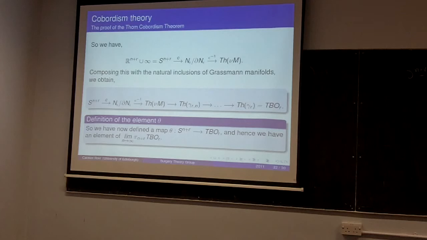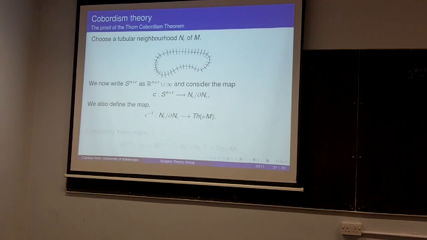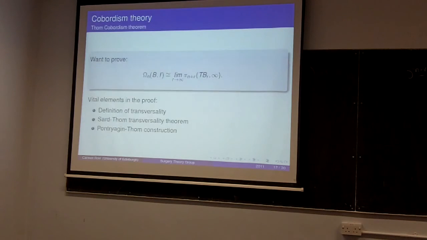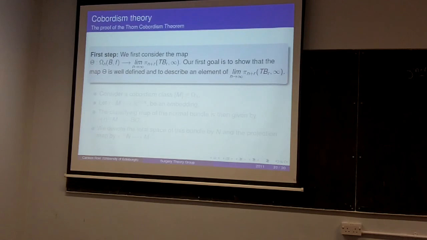So in the middle, you have the map from the Thom space of the normal bundle to the Thom space of gamma Rn. What is it? Well, let's see, because M is embedded in the Grassmann manifold, I think we have it. Anyway, I'll explain.